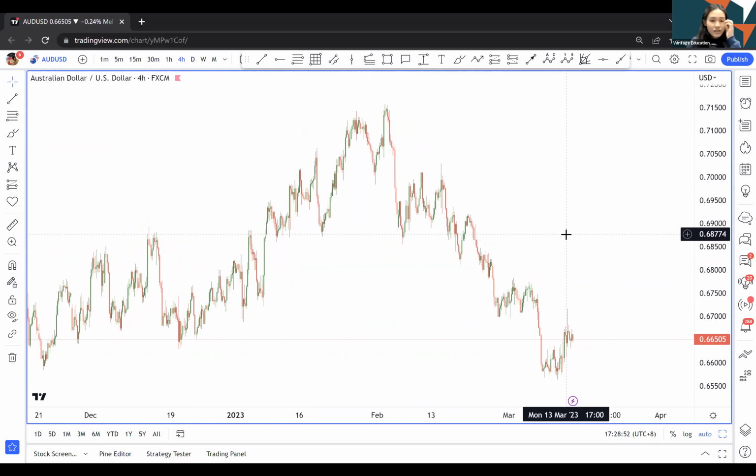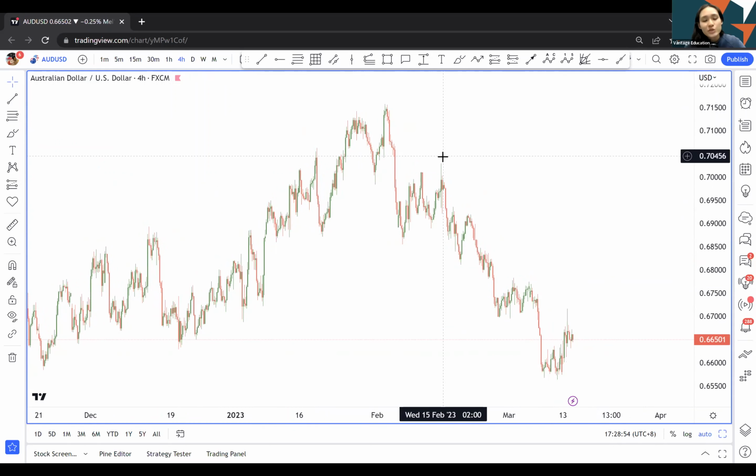Previously we had a question on which time frame to use. We like to alternate between 1 hour, 4 hour, as well as daily, with regards to looking for swing highs and swing lows.